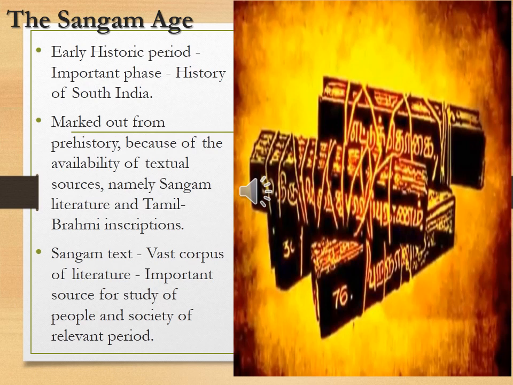What are the written evidence? We have written sources like Sangam literature, which we discussed at the beginning of this lesson. Then Tamil Brahmi inscriptions, inscriptions written in the Tamil Brahmi script. Sangam text is a vast corpus of literature.